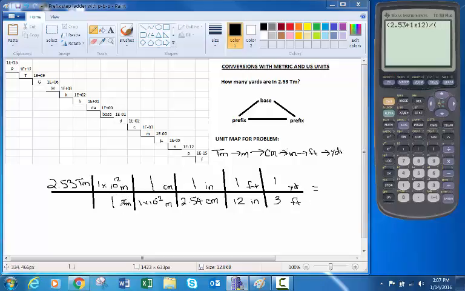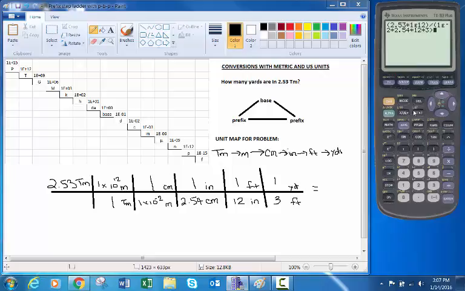Again, I'm going to choose not to include this 1, but I will include 1 second EE to the negative 2 times 2.54 times 12 times 3, and close my parentheses.